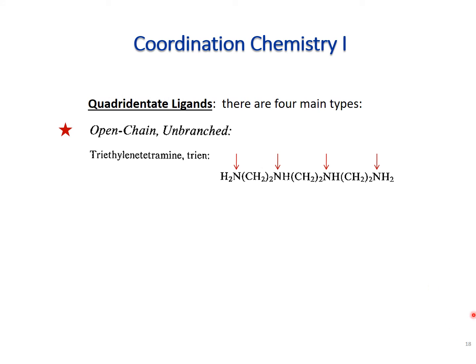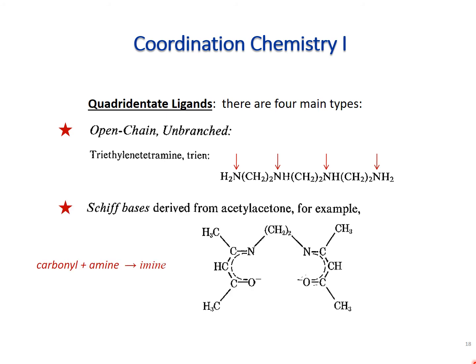You have quadridentate ligands. Okay, trien is yet another example of that. So very similar to dien or en, but we're adding a few more ethane bridges here. And now you have four locations in which you can coordinate to a metal center. There's also some other ones like Schiff base, which is derived from acetylacetone, for example.